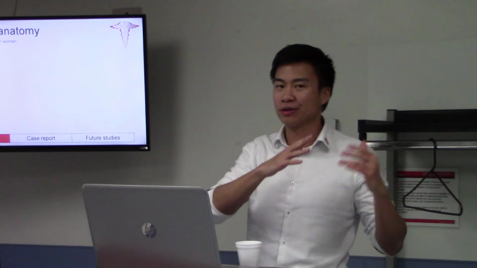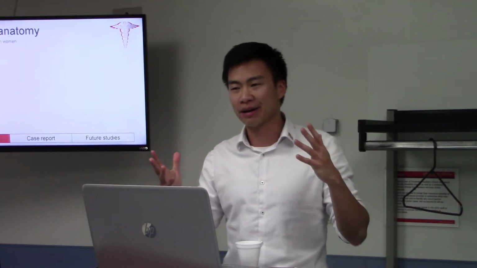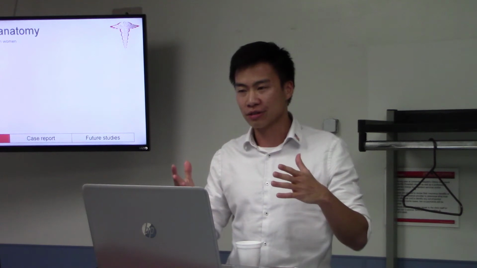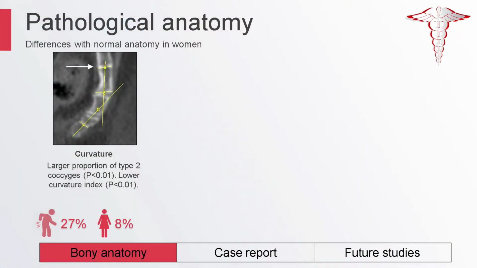Right, so we've just talked about normal anatomy. Now we're comparing women, because women make up most of the population of coccydynia. We're comparing normal women and then women with coccyx pain. So we say women have straighter coccyges.